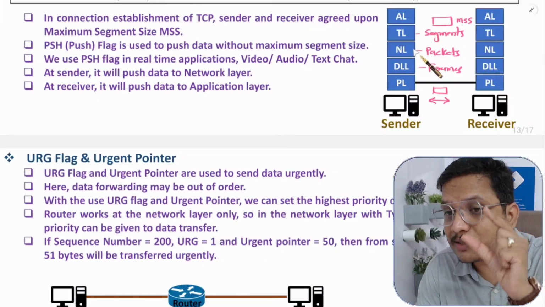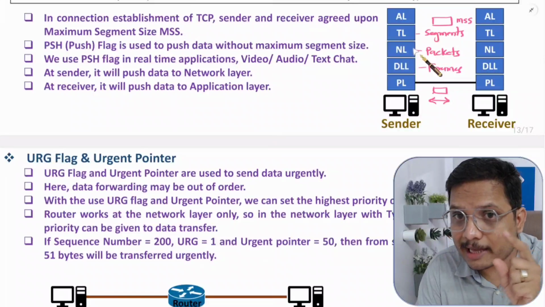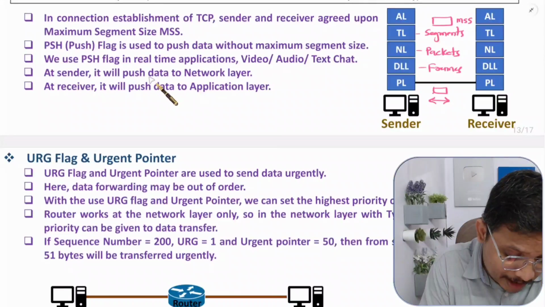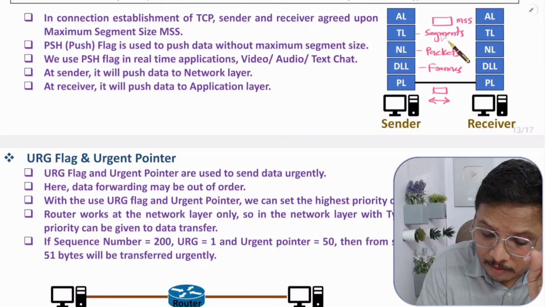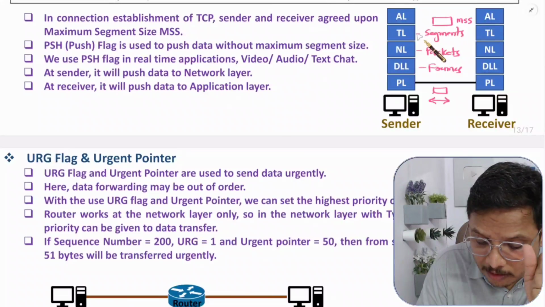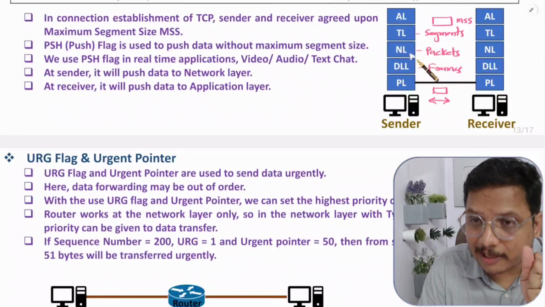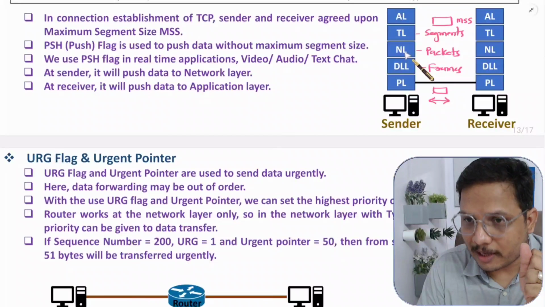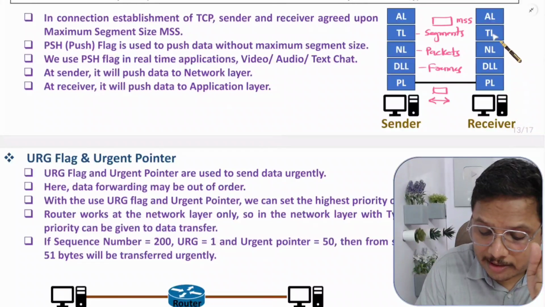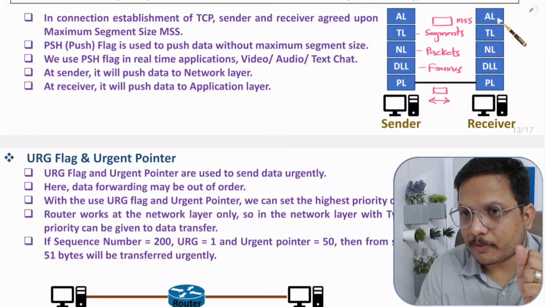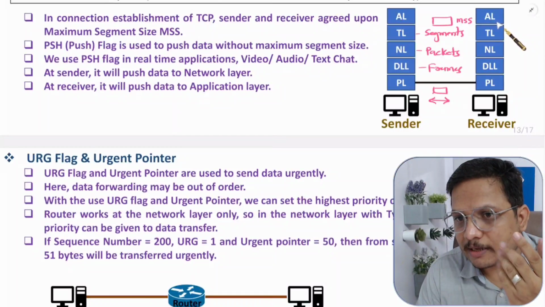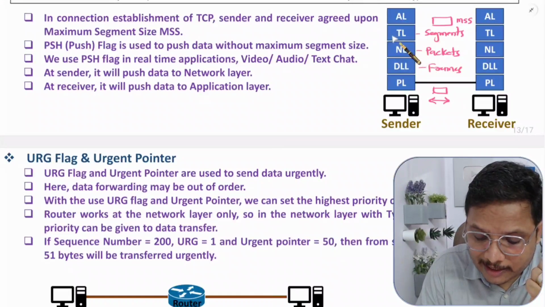Even though size of data that is small, as our application is real-time application, by push bit we can forward this segment to next layer, that is network layer, and in receiver this transport layer will forward that to application, right. The reason is, see, push bit that is working at transport layer.